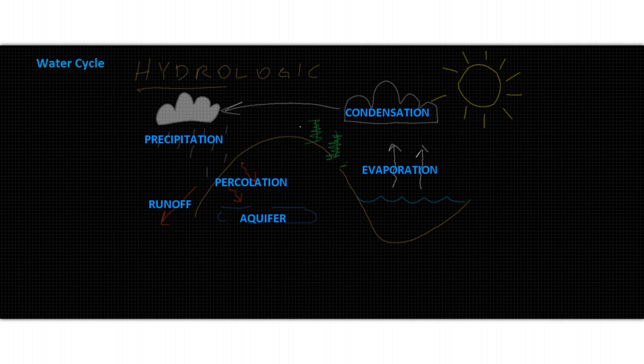There's also an evaporation that takes place from the surface of plants' leaves, and that evaporation is known as transpiration. So lots of ations, right? We've got evaporation, we've got condensation, we've got precipitation, we've got percolation, and we've got transpiration.